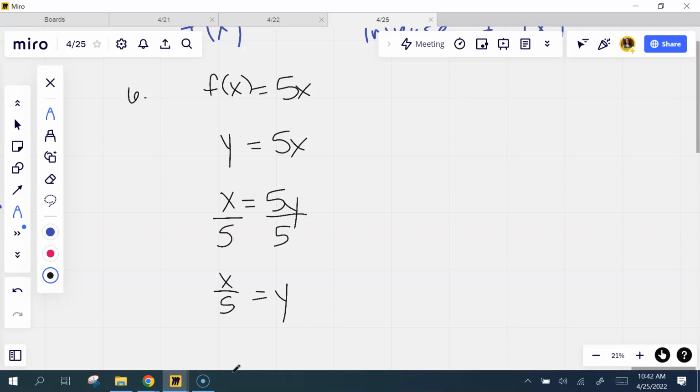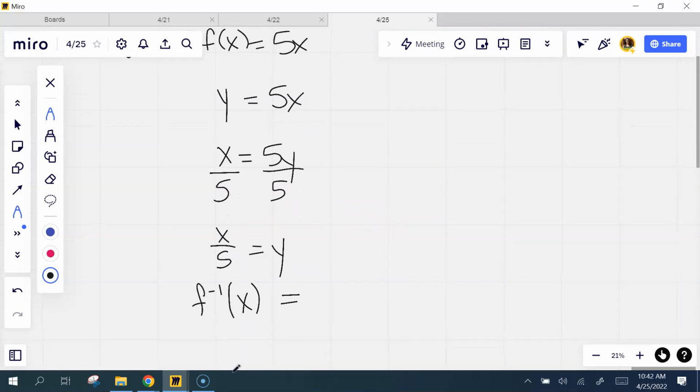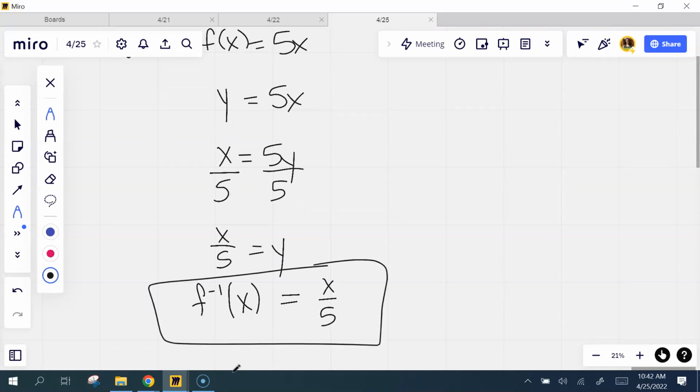And now I'm going to go back to function notation. Since that's the way they started me on the problem, that's the way I need to finish the problem. So I'm going to say the inverse of f is equal to x over 5. That's it.